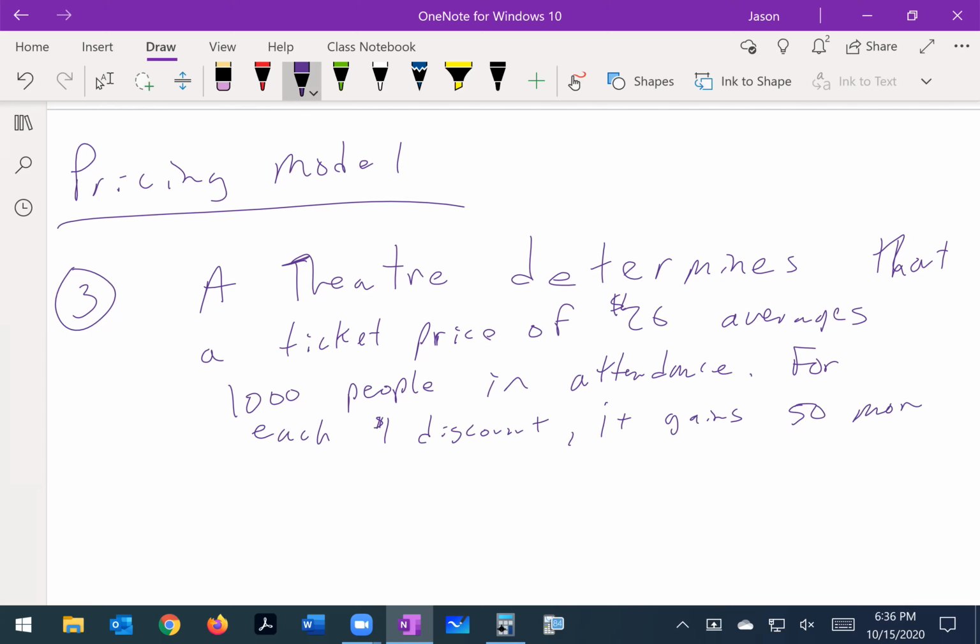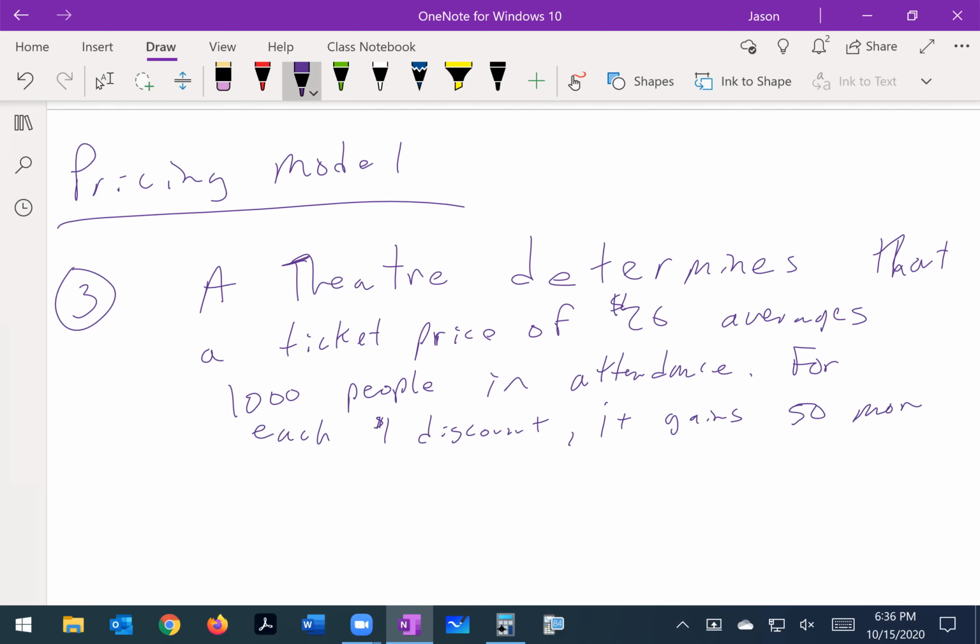But if N is 1, then we go up 50. If N is 2, we go up by 100. If N is 3, we go up by 150. So this would be 50 times N, which would be equal to the number of tickets that I'm selling. So what would be the revenue here? R of N. Okay, R of N is going to be 26 minus N times 1,000 plus 50N.